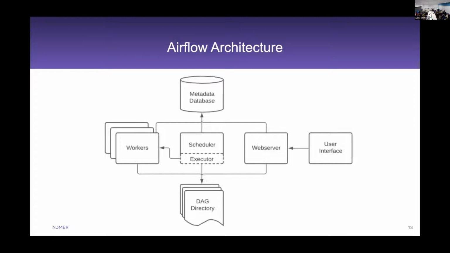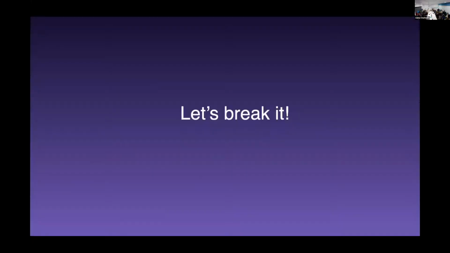Then we have the DAG folder, one worker, and basically multiple workers, and then the database. This is the high-level diagram of the Airflow architecture. It at least gives you a sense of the major components that Airflow has, but to understand what is actually going on inside, this is not enough. So let's break it down a bit.